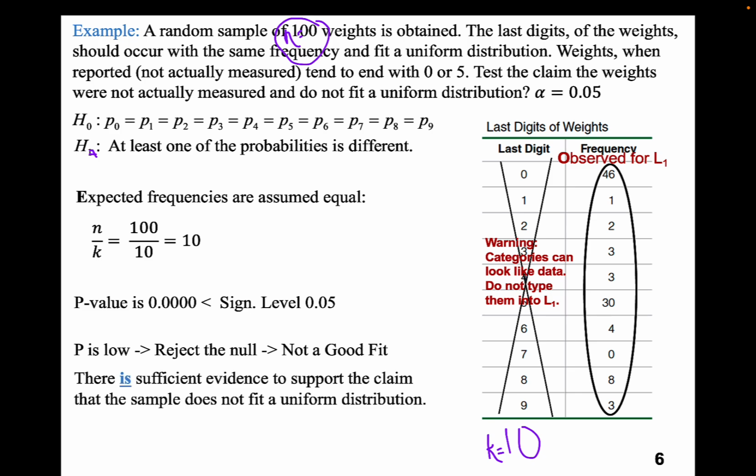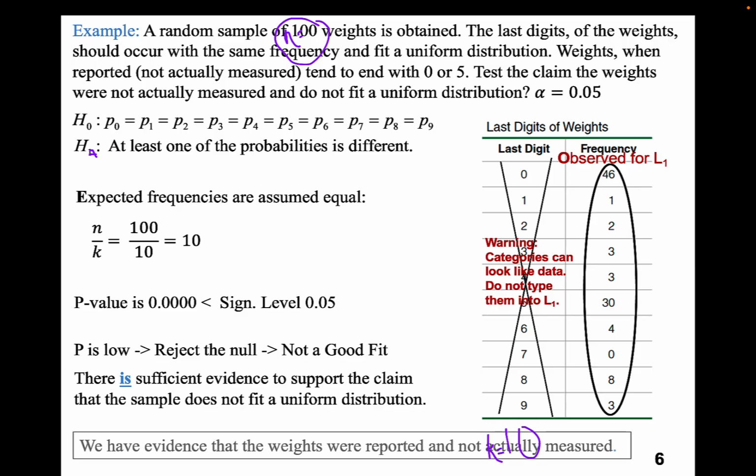We say there is sufficient evidence to support the claim that the sample does not fit a uniform distribution. What this means is that we have evidence that the weights were reported and not actually measured. All right, and there's an example of a goodness of fit test.